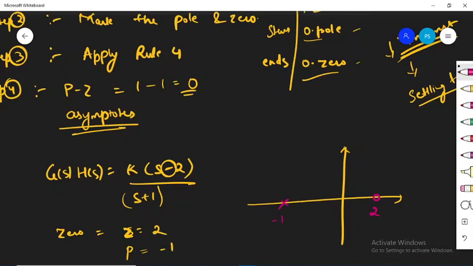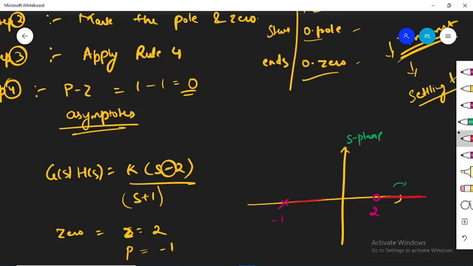So again, I'll go step by step. We have marked the poles and zeros. Then I'll mark the territory, that is the green territory and the red territory. So here you can take the points. If there is a point lying beyond this value 2, s greater than 2, in the s plane, then of course to the right of it, the total number of poles and zeros is 0, hence the root locus won't lie in this position.